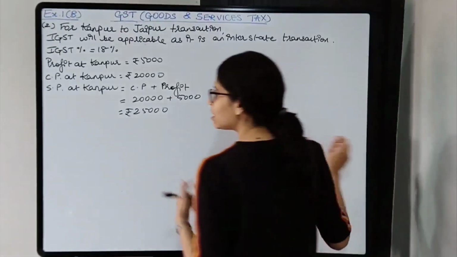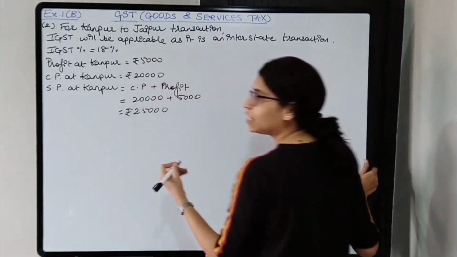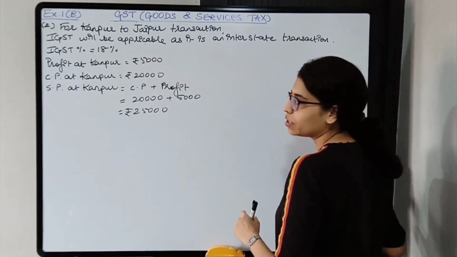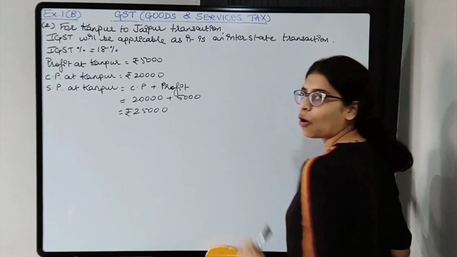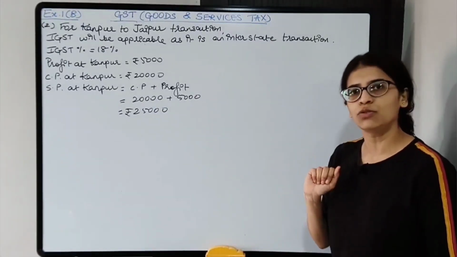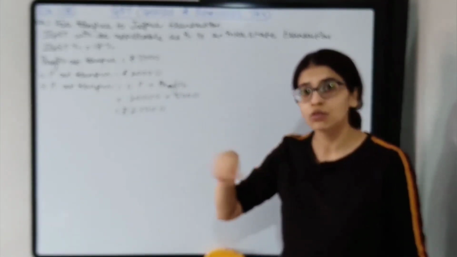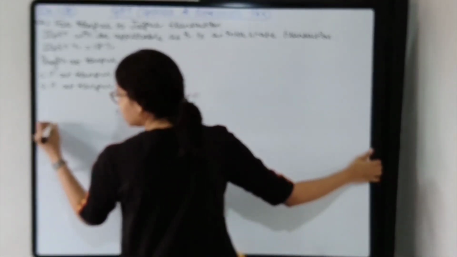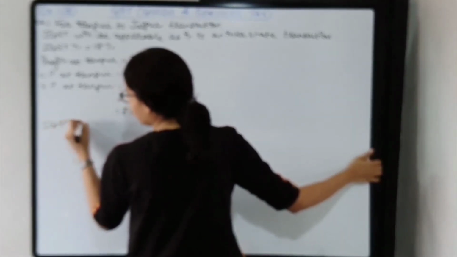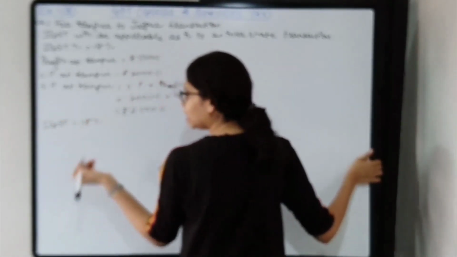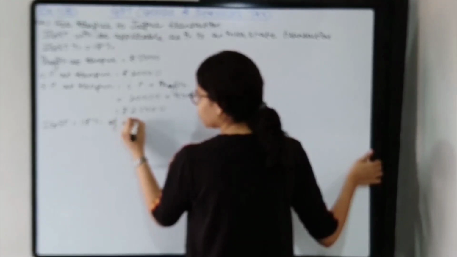So GST received, so for that we need to find IGST. Okay, so IGST will be 18% on 25,000 rupees. Okay, so he will be charging 18% on 25,000 rupees to Jaipur person. Okay, so IGST will be 18% of selling price, so that is 25,000 rupees.